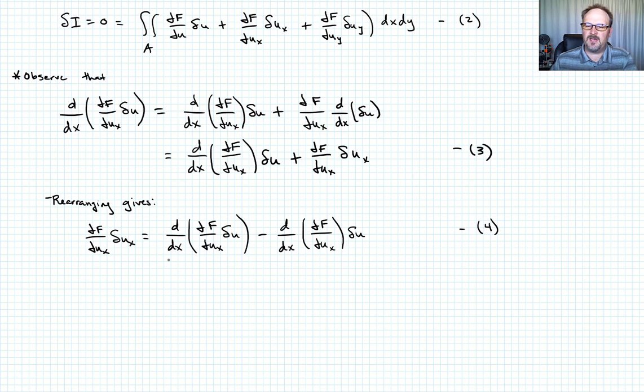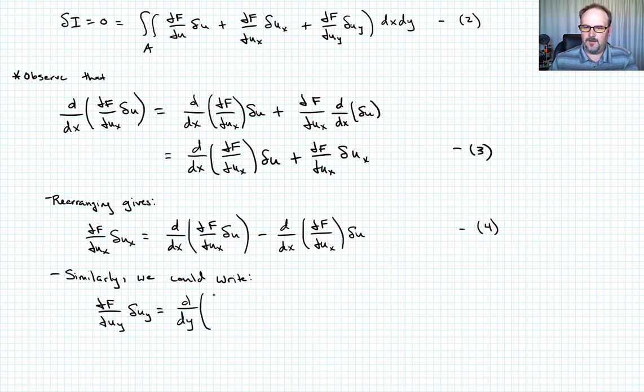Okay, I could do the same thing except replace y wherever I see an x. So similarly, we could write that partial f with respect to uy, delta uy, is equal to d by dy of partial f with respect to uy, delta u, minus d by dy of partial f with respect to uy times delta u.